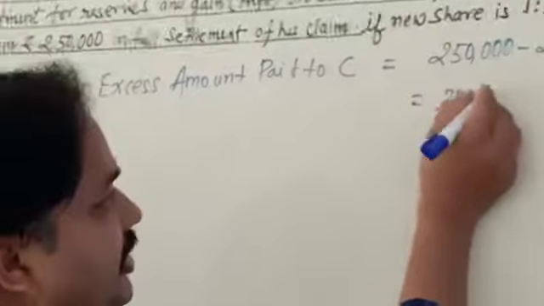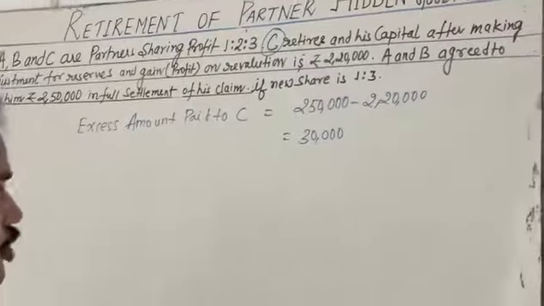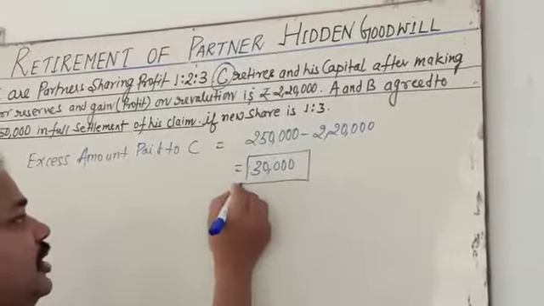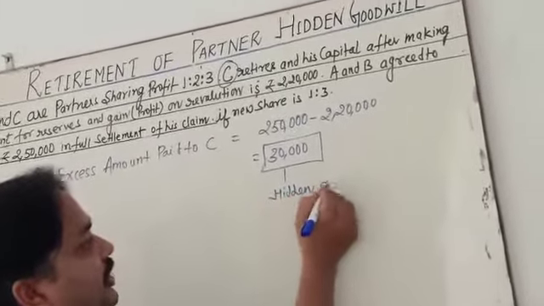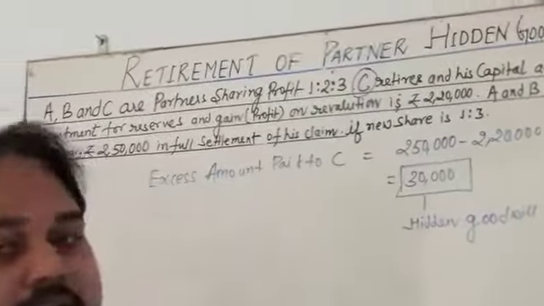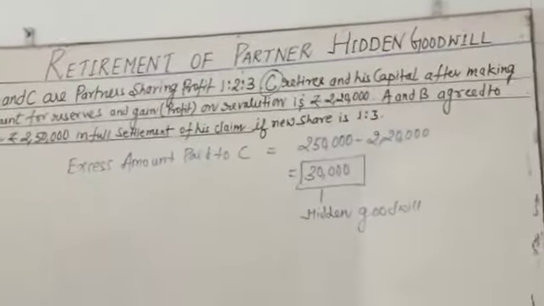This 30,000 is paid in excess. It is called hidden goodwill, because it is found after calculation. You observe that the hidden goodwill value is Rs 30,000.